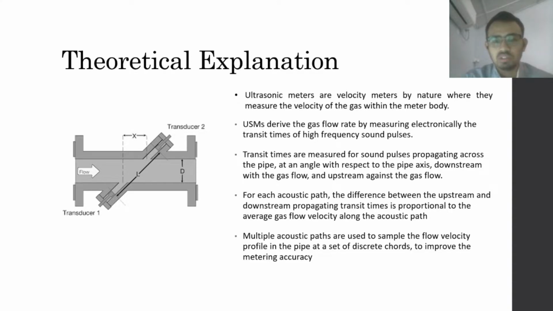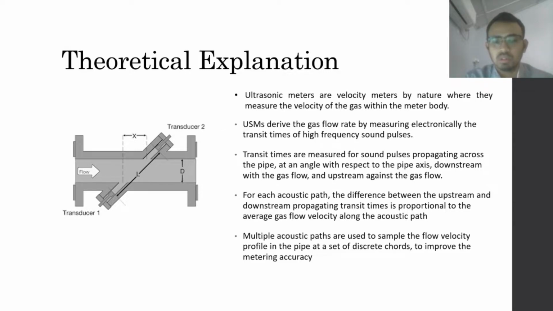Transit times are measured for sound pulses propagating across the pipe at an angle with respect to the pipe axis, downstream with the pipe gas flow, and upstream against the gas flow. For each acoustic path, the difference between the upstream and downstream propagating transit times is proportional to the average gas flow velocity along the acoustic path.